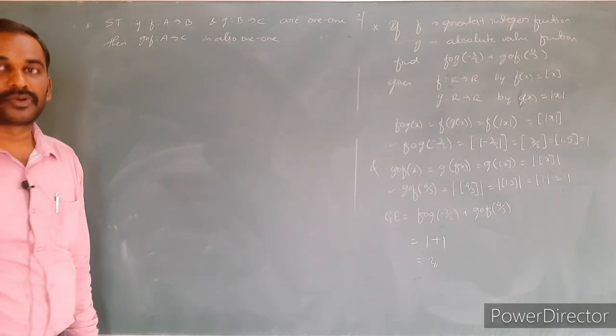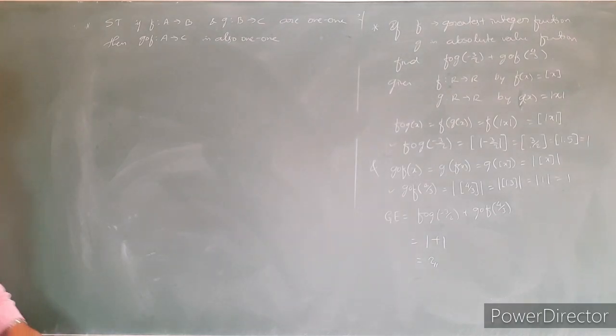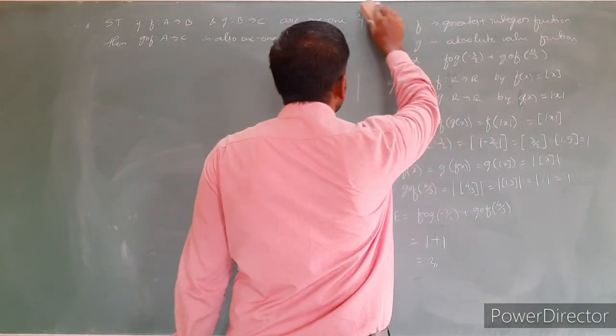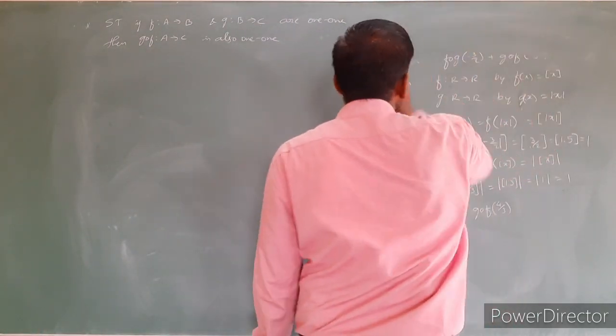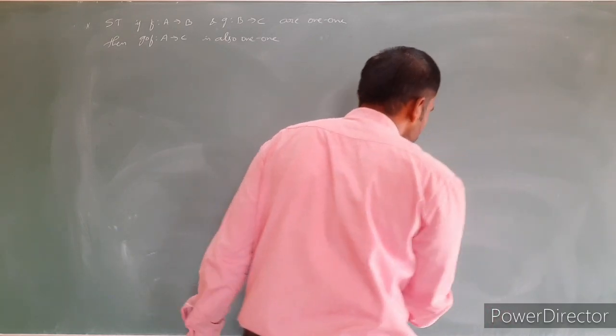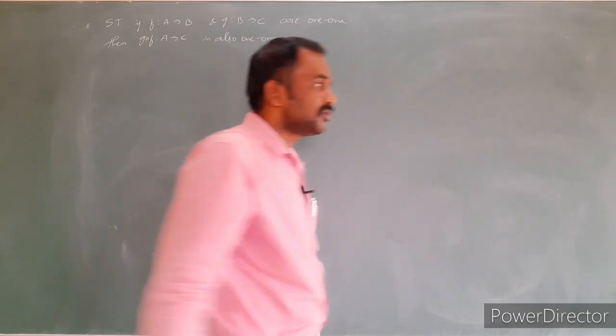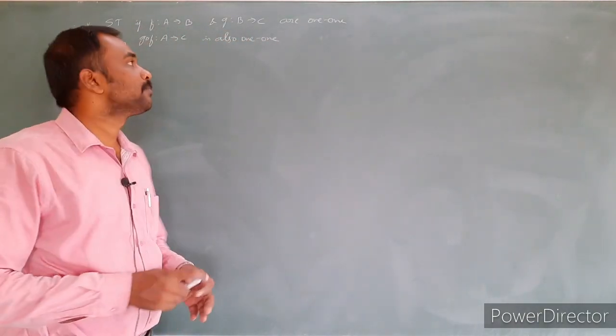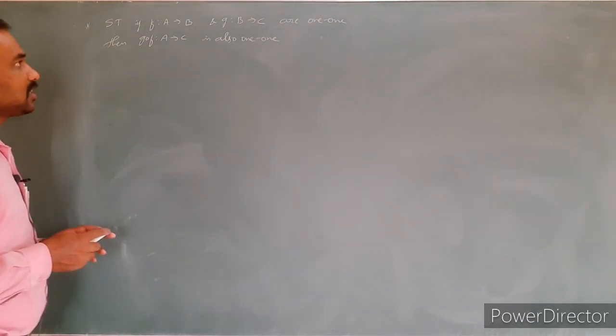We have to prove it. They have given f as a function from A into B and g as another function from B into C, and both given functions are one-one. One-one means different elements have different images.